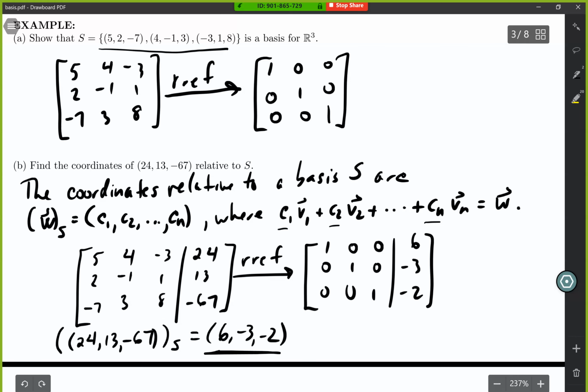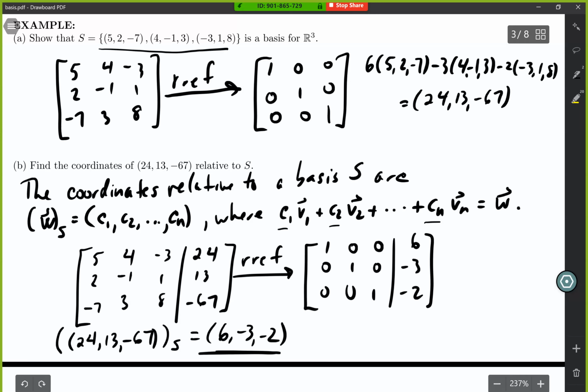So what this 6, negative 3, negative 2 means is that if you take 6 times 5, 2, negative 7, minus 3 times 4, negative 1, 3, minus 2 times negative 3, 1, 8, you get the vector 24, 13, negative 67. Questions on that? I hear none. Okay.